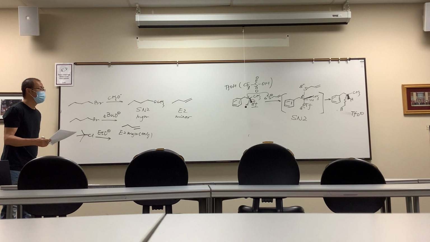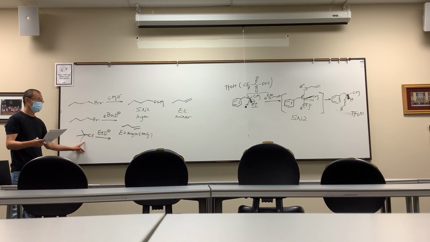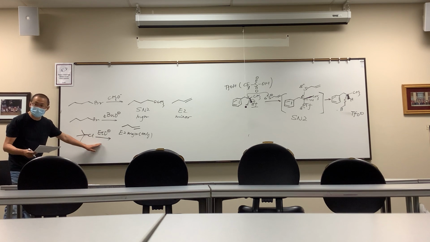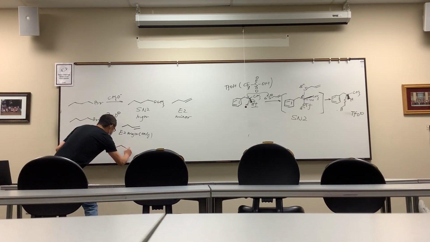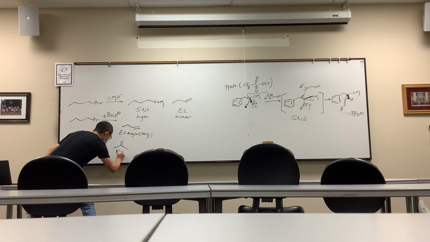SN2, but can this have SN2? No, because it's tertiary. So there's no SN2, but we have a strong base, so E2 is promoted. The product is the E2 product, the only product.